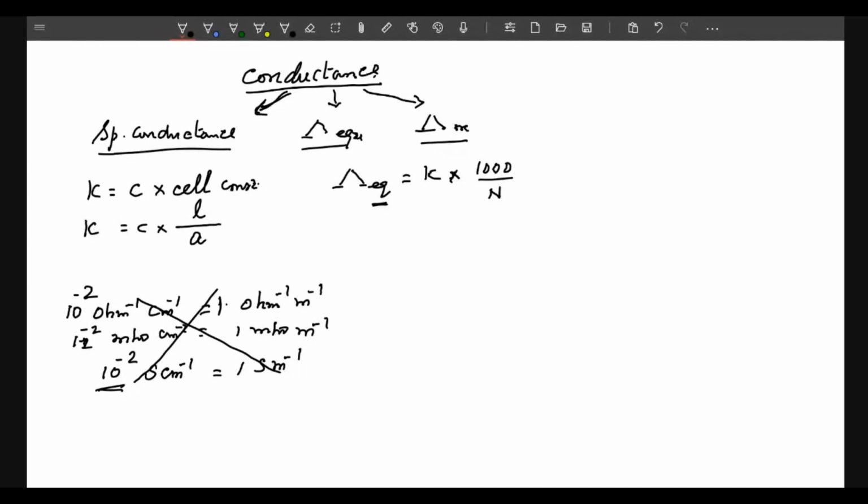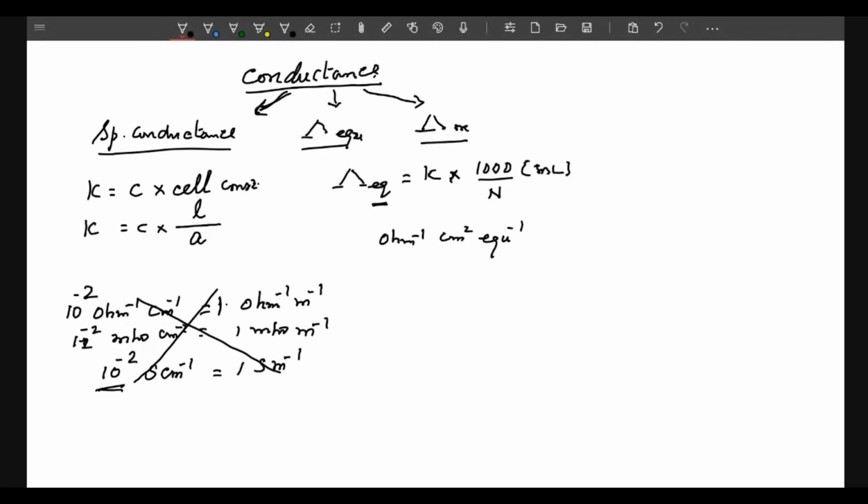That is very essential. Here the volume is given in milliliter or centimeter cube, and therefore the equivalent conductance would have the unit per ohm centimeter square per equivalent. This is the unit for lambda equivalent.